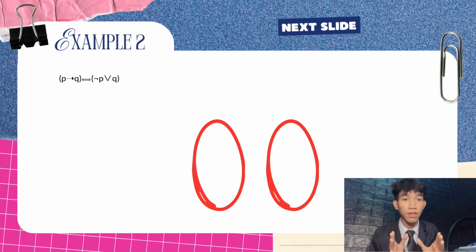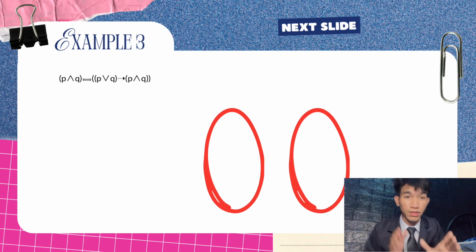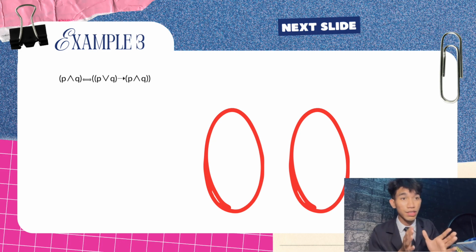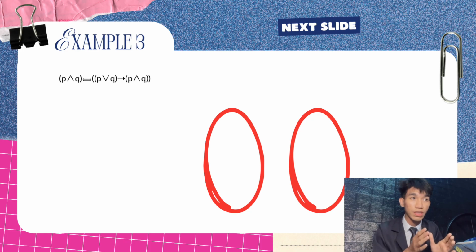I mean, both of them are not equivalent to each other if the positions of the truth values are different. For example 3, we can prove that P and Q is equivalent to P or Q implies P and Q. As you can see here, P and Q and also P or Q implies P and Q have the same truth value, which is true, false, false, true.